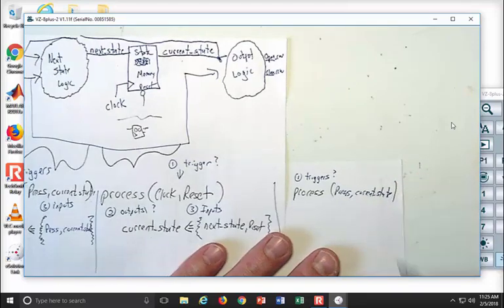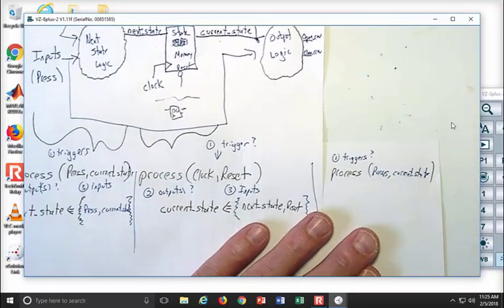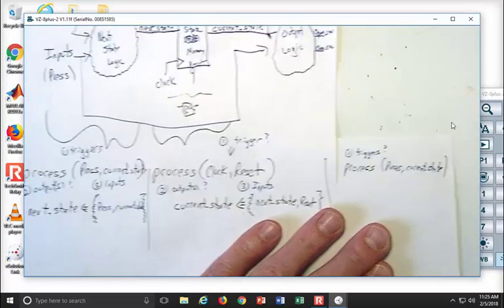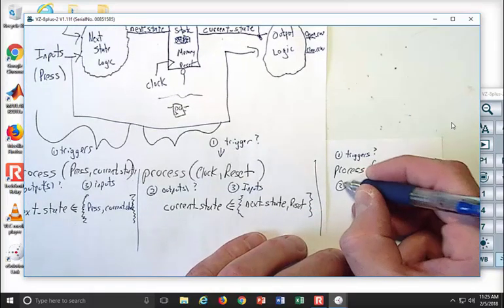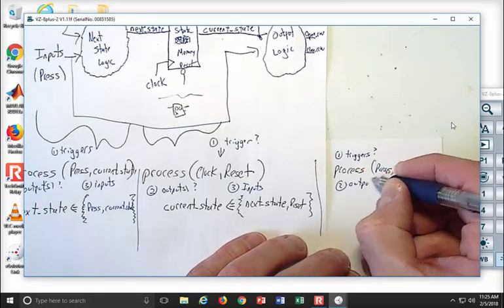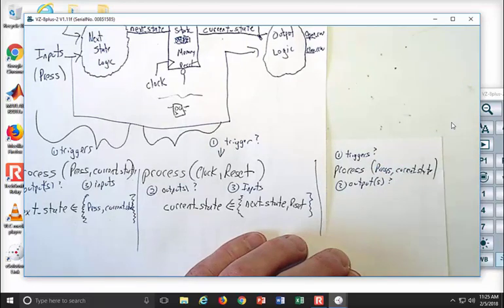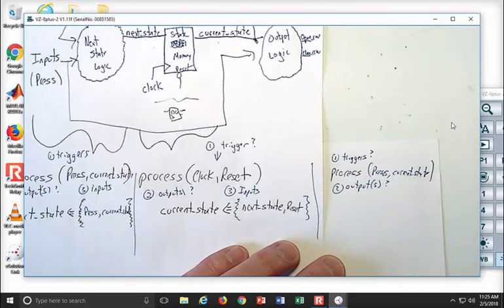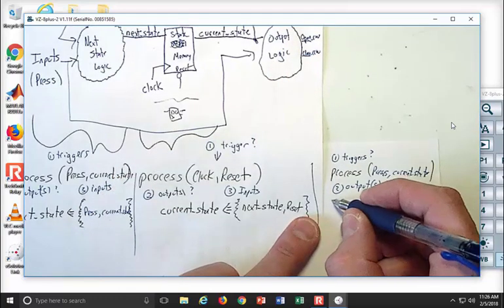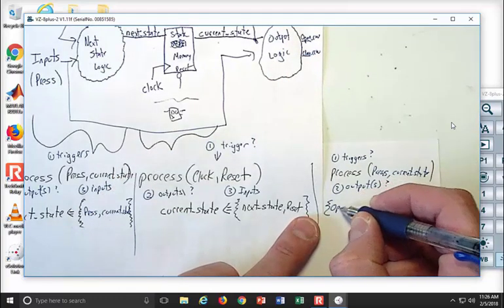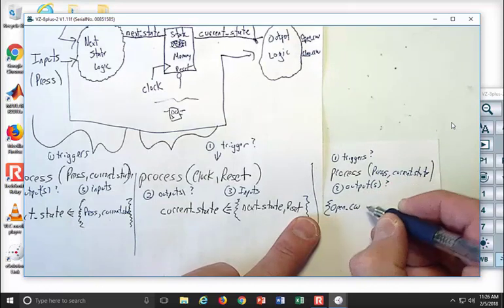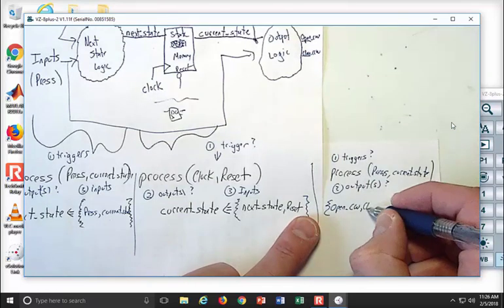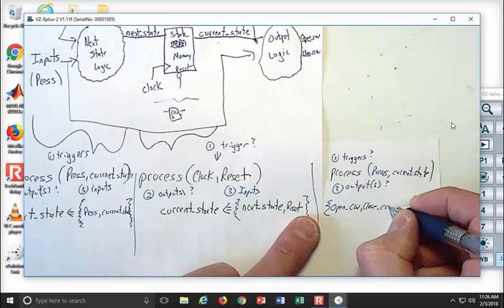Life is good. Now we go to the next consideration, which is: what is the output of this? Output or outputs? Well, there are two of them: open_CW and close_CCW.